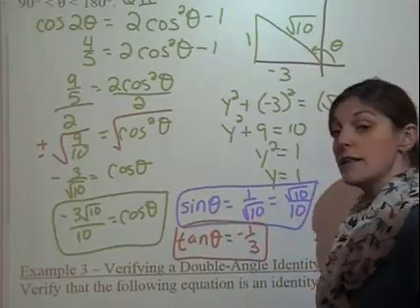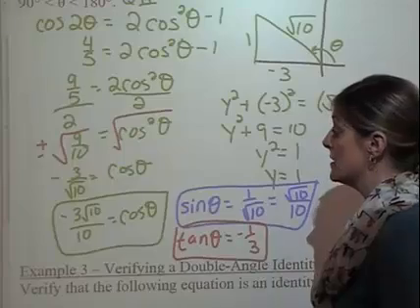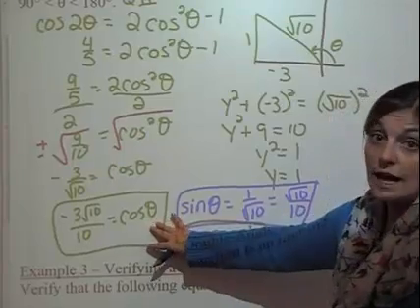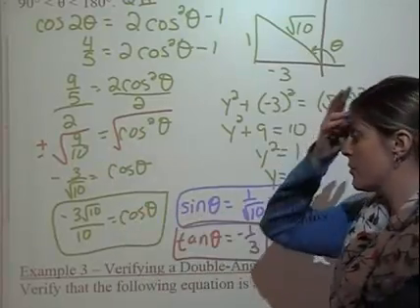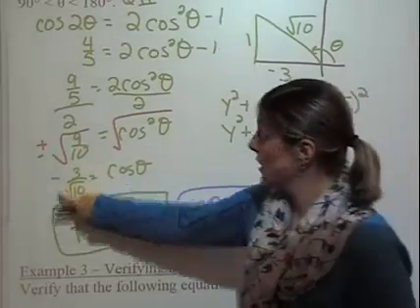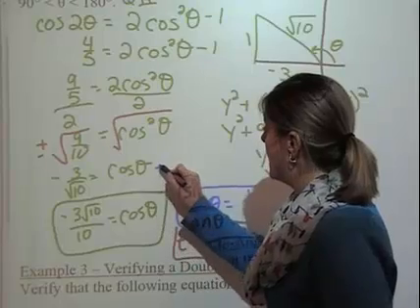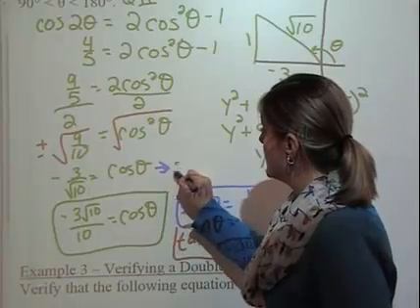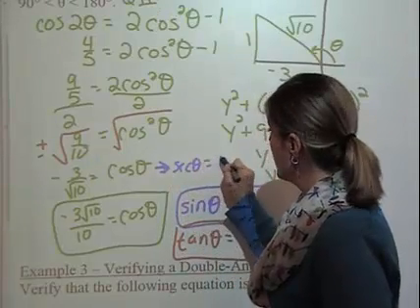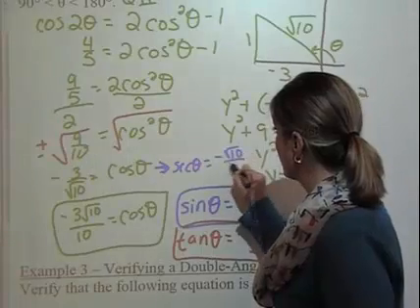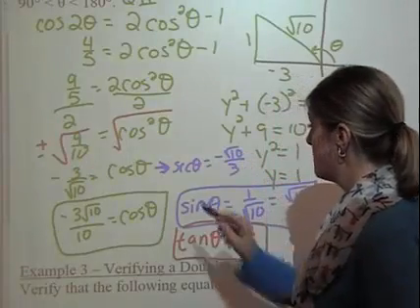Now let's take a look at our reciprocal identities. If cosine is negative 3 square root of 10 over 10, or we can go back here and look at the negative 3 square root of 10, that means that secant of theta is going to be negative square root of 10 over 3.